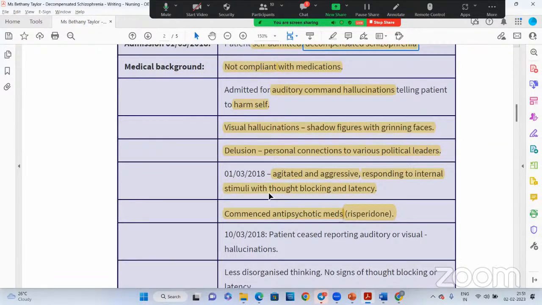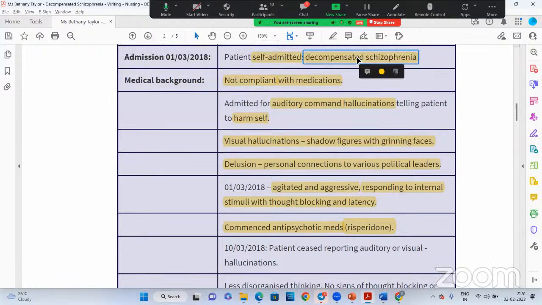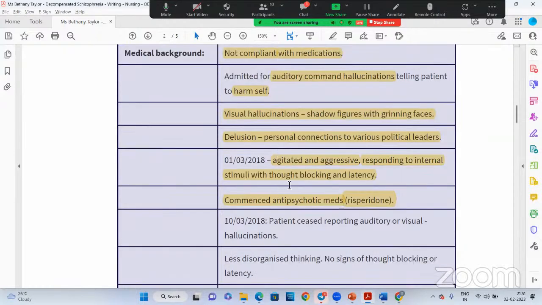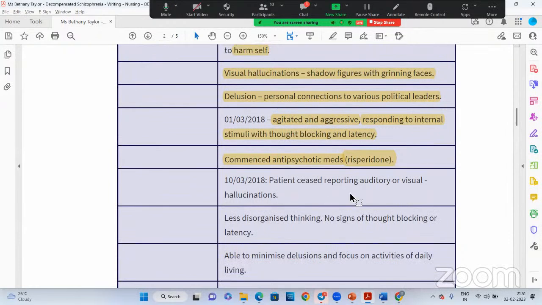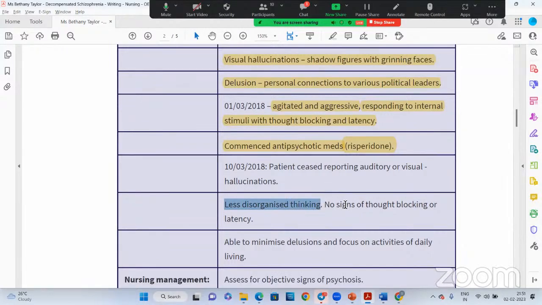This decompensated condition is deteriorating and now it is becoming better. So the patient ceased reporting auditory and visual hallucinations, less disorganized thinking. Earlier it was too much. Now no signs of thought blocking. So the condition is becoming better now.